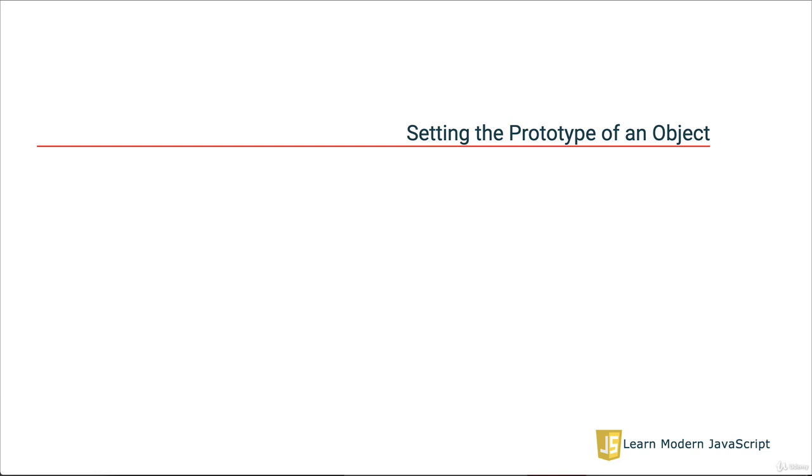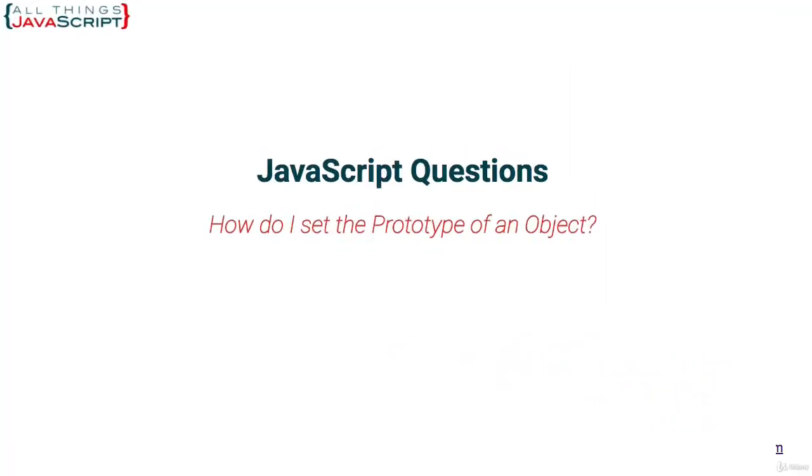With an understanding of prototypes, you are now ready to learn how to set the prototype of an object. This sets the object up to inherit or have access to the methods and properties on that prototype using prototypal inheritance. Now, the prototype can be key to structuring your code efficiently.